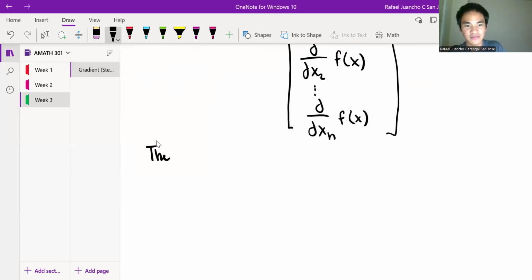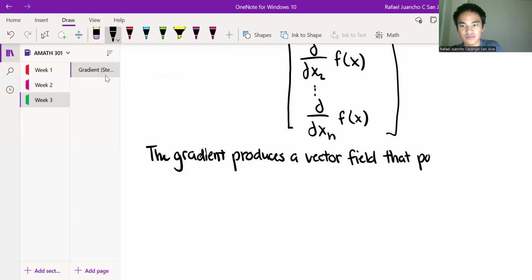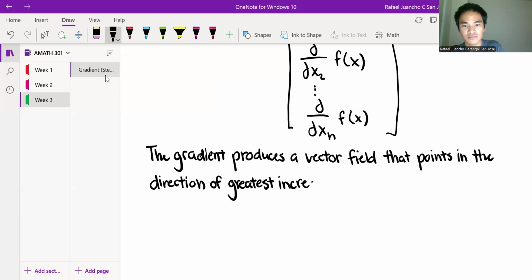So the gradient, this is the definition, produces some sort of vector field that points in the direction of greatest increase of function f of x.